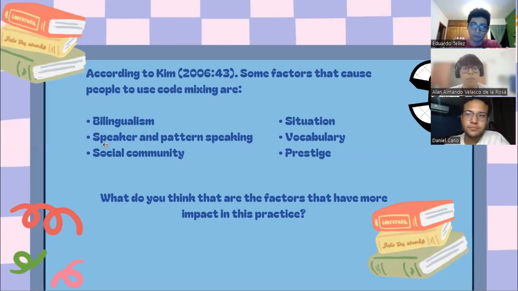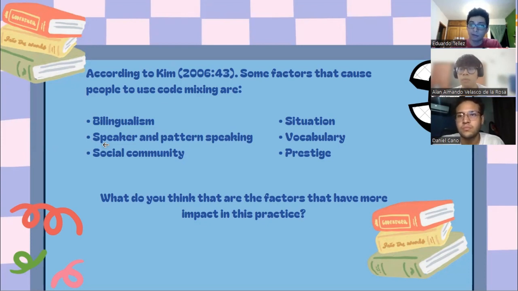Well, I think something similar to you, because the social community affects a lot. For example, I think it was you that said that in school we have to use English because of the school, and this is a specific social community in which we are getting together, and we have to be able to communicate in this language.